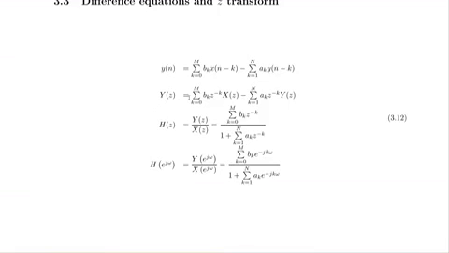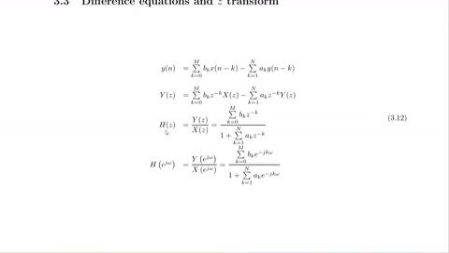Y of z, okay, we are taking the z transform. Earlier we noticed that a delay, a shift in the time domain, will be z to the power of minus the same delay. So we will have y of z, summation bk x of n minus k, so it will be z to the minus k x of z, and again a similar treatment for the second part, which will lead to finding the transfer function.